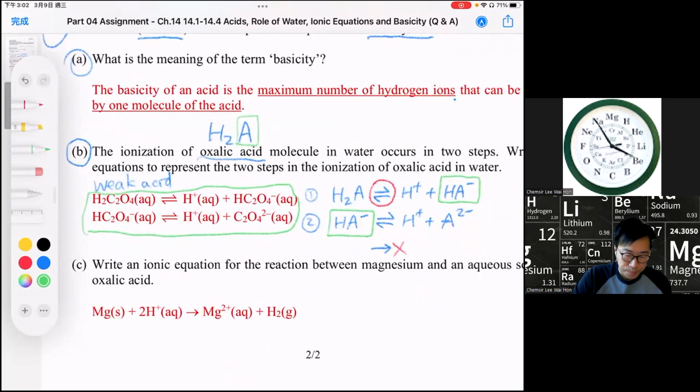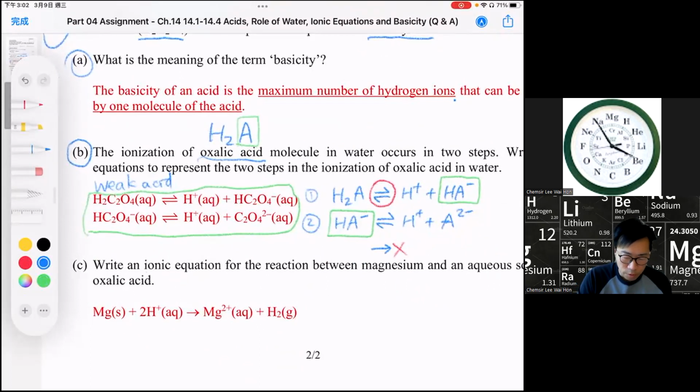The last part, ionic equation. So please read the question carefully. When I marked your assignment, I found that some of you put down H2C2O4 in the equation. Of course, this is totally wrong because what we want here is an ionic equation.